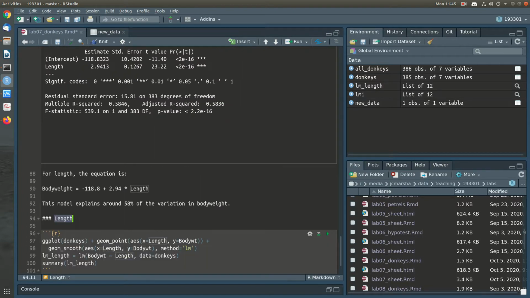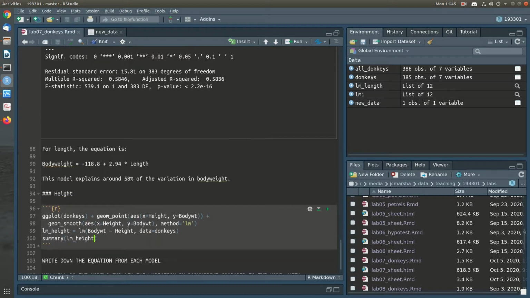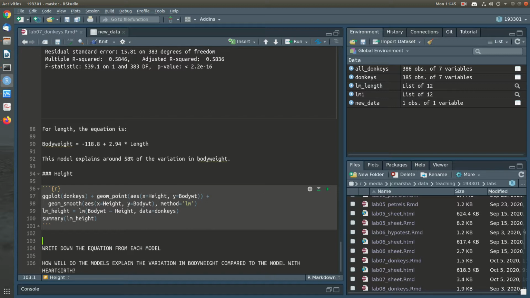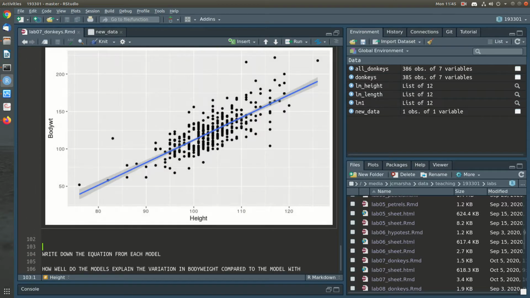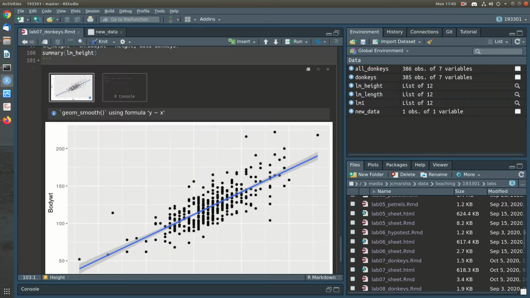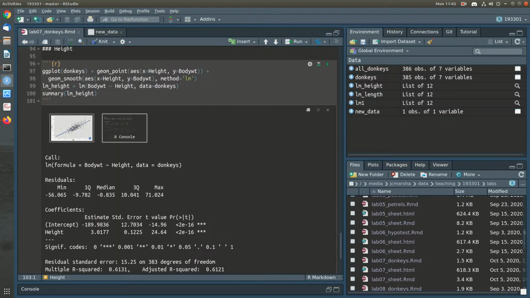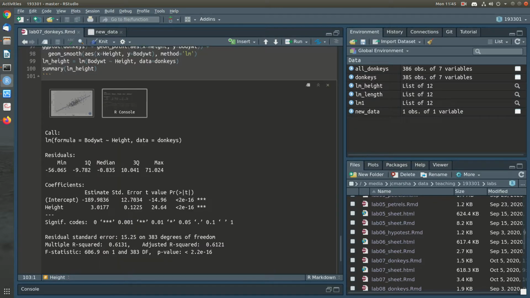So we'll do height. We'll call this LM height. You can call it whatever you like, right? It's just a name. Okay, so again, there's quite a lot of scatter around this line, so we'd expect the R squared to be a bit lower, and it's 61%.